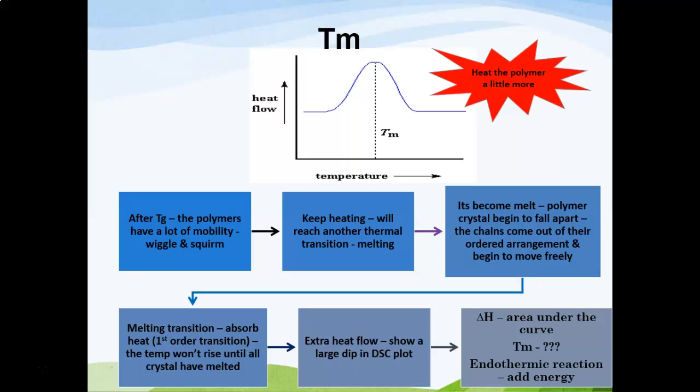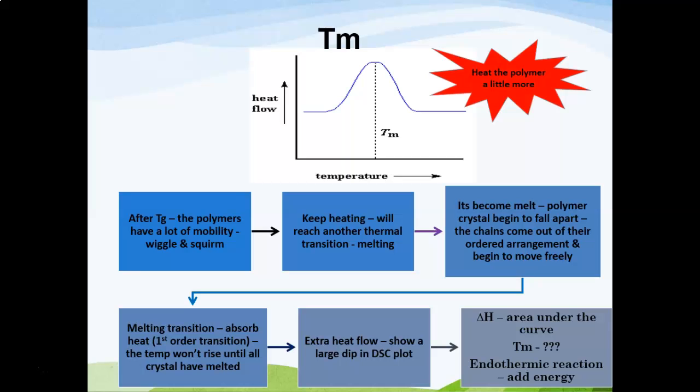When polymer crystals melt, they must absorb heat. Melting temperature is a first order transition, and this means that when you reach the melting temperature, the polymer temperature won't rise until all the crystals have melted.